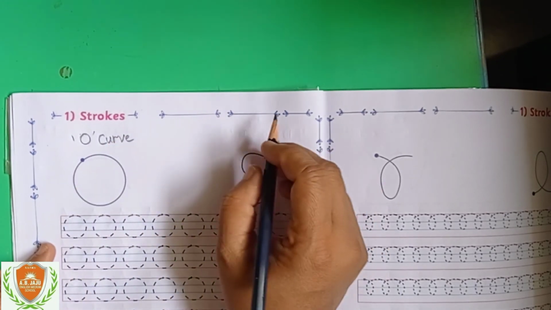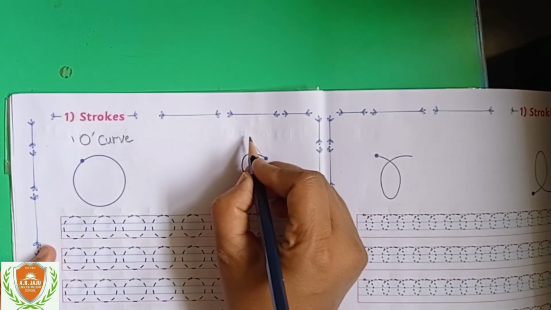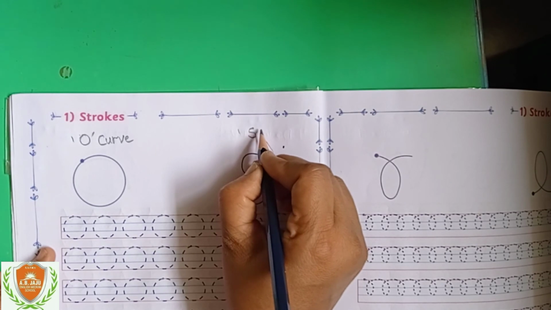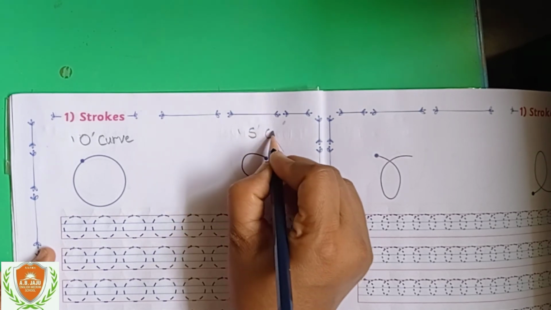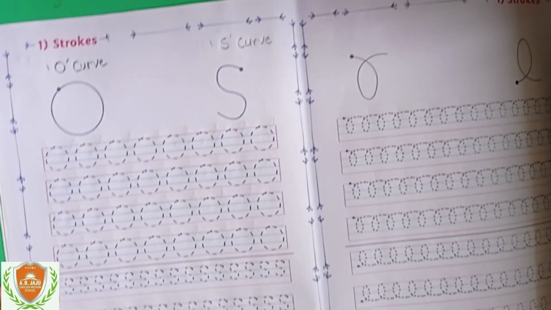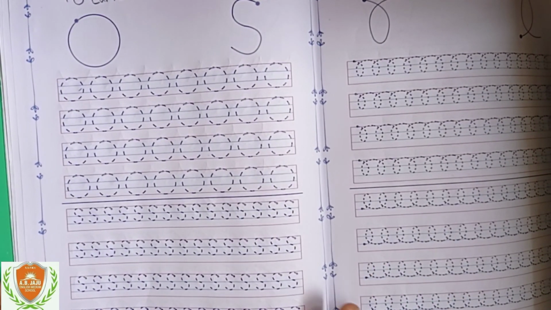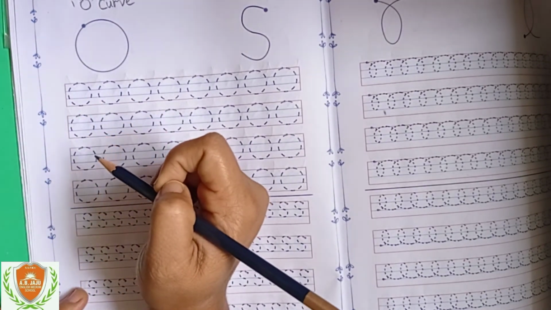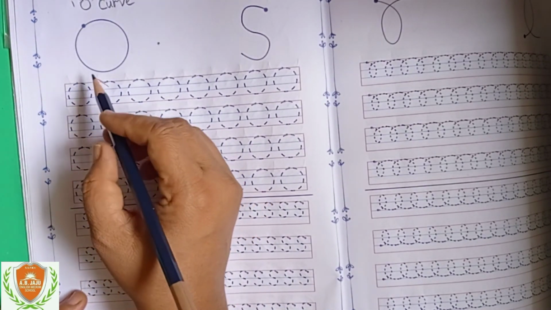This is curve. And this is S curve. Now we have to trace in 4 lines.